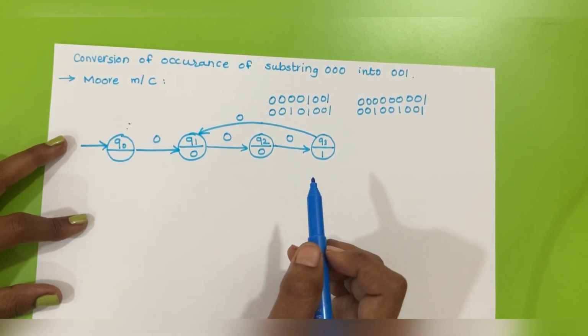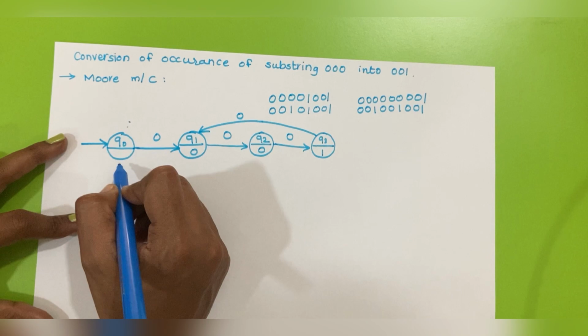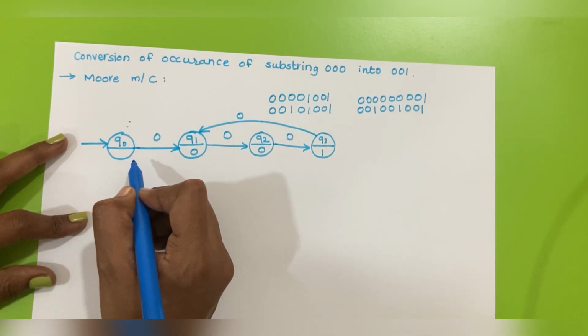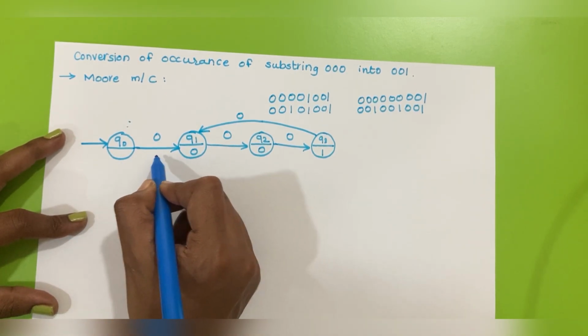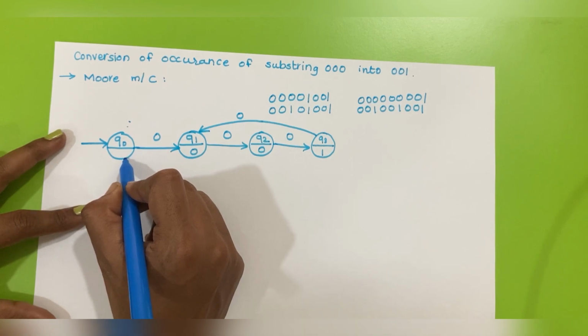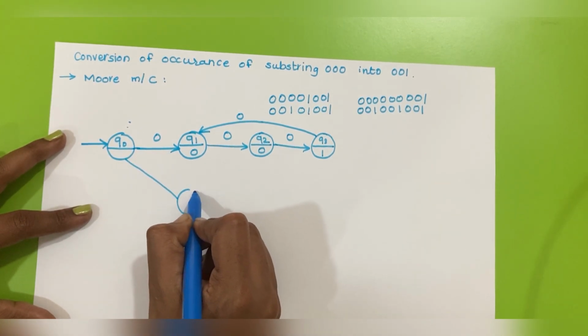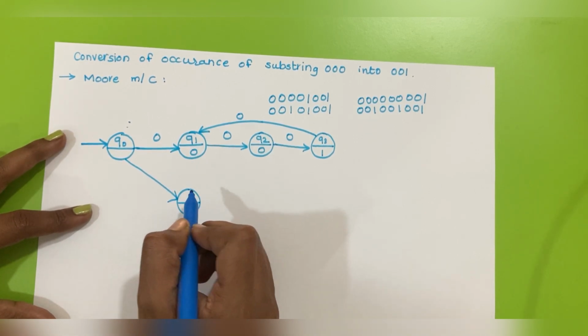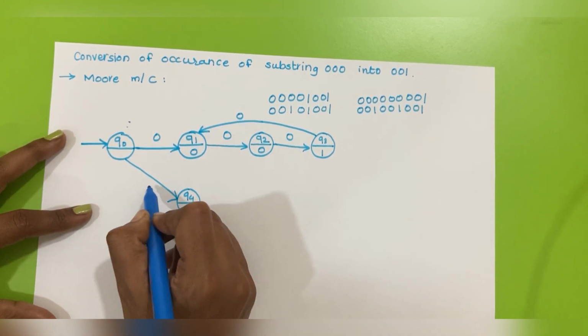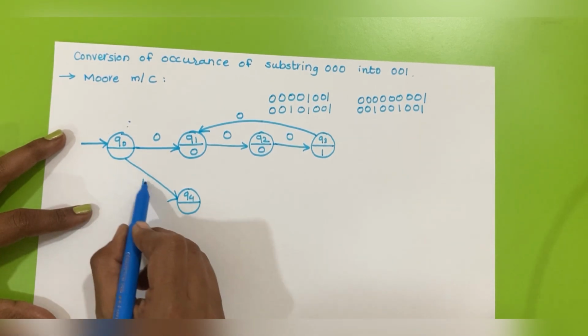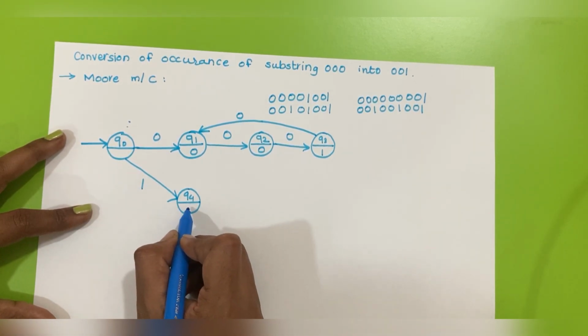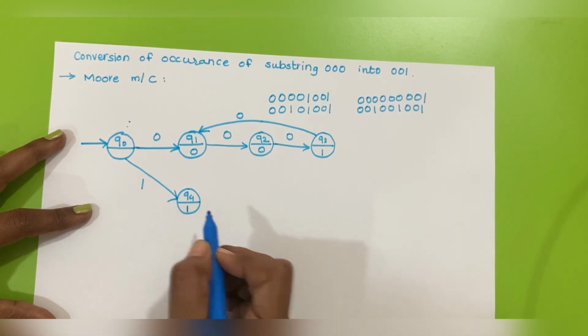Suppose our string is starting with 1, then 1 should not be converted to 0. So we will take a new state, that is Q4. If our string starts with 1, then that will be converted into 1 only.